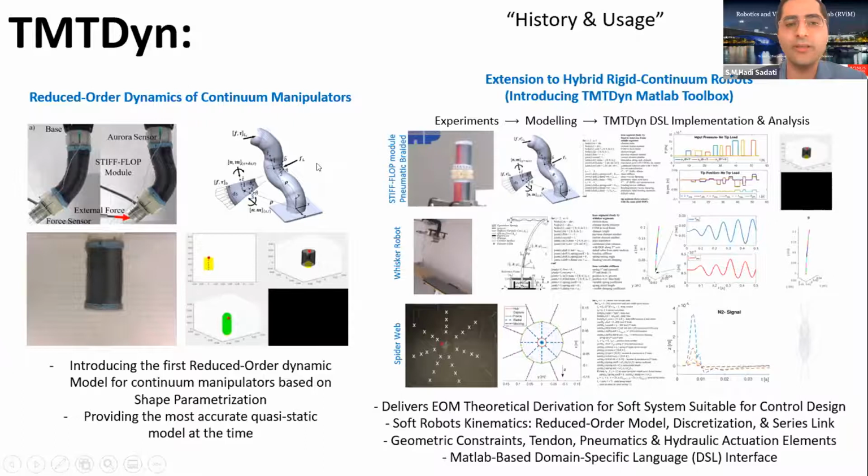So I started thinking about reduced-order dynamics of these systems. More specifically, you have a continuum robot exhibiting complex deformation, and even more complex deformation when external forces apply. So I thought maybe I can capture the backbone kinematics like a polynomial curve.